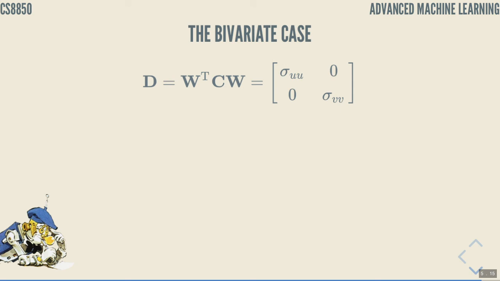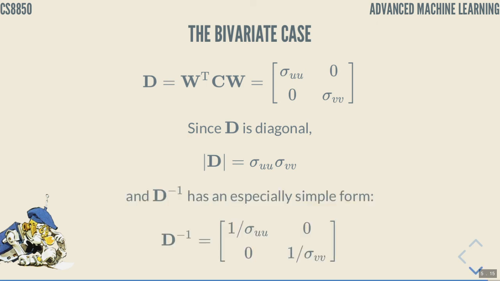Since D is diagonal, and it's related to our covariance matrix by similarity transform, the determinant in the two-dimensional case is a product of the diagonal elements.